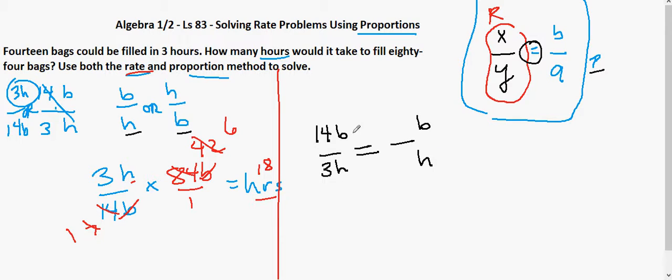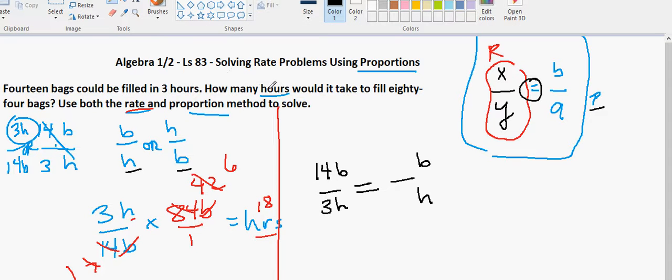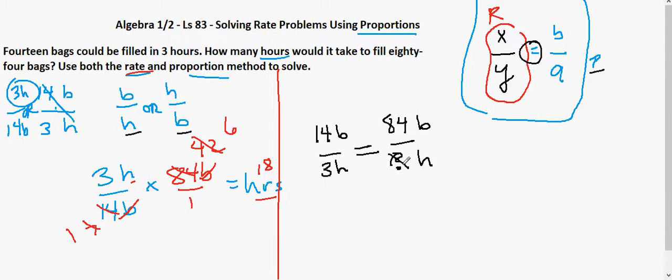You're not trying to cancel now. They stay, just like when we do triangle sides and solve for the unknown side. If it's asking how many hours, we don't know that one, but we do know 84 bags for that scenario. So I'm going to use H for this.